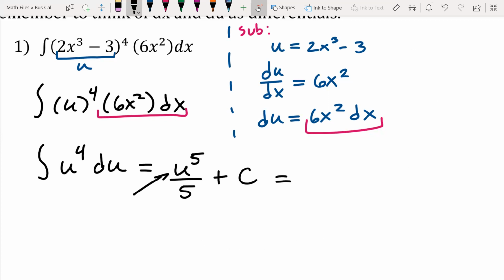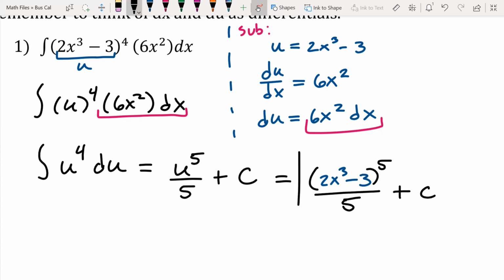So all we have to do is plug that in. So we're going to get parentheses 2x cubed minus 3 to the 5th over 5 plus c. That's it.